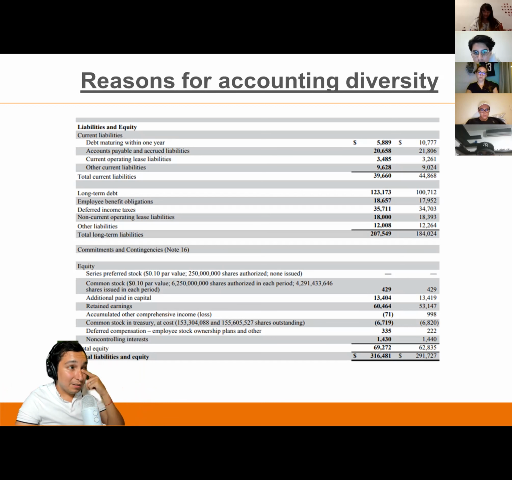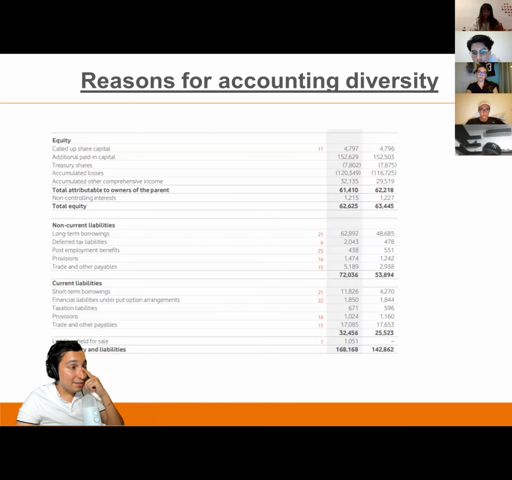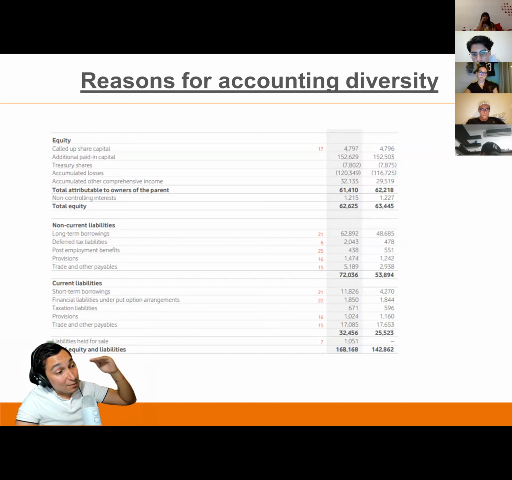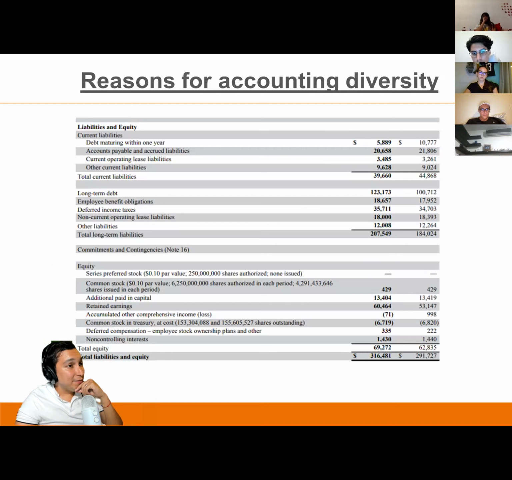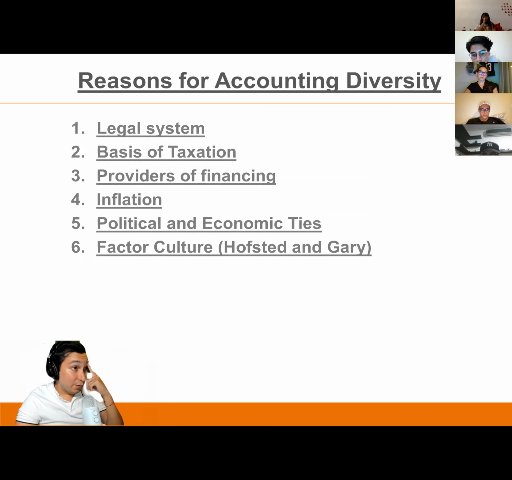But the important aspect in here is that you now have established that there are differences in the presentation of the accountancy aspect, and as you are watching, there are different account names. This is part of the accounting diversity, which is one of the main challenges of what we will see. Okay, so reasons for the accounting diversity, first of all, the legal system.